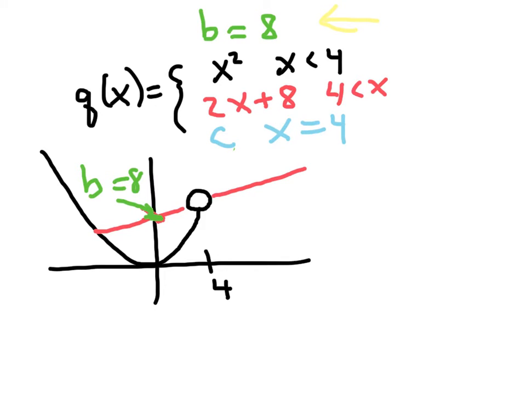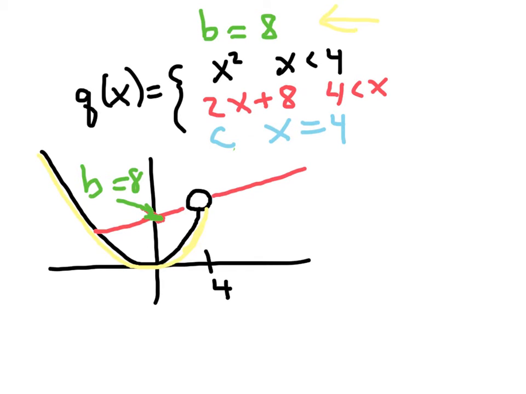But I want to show you what the problem is talking about graphically. The piecewise function is x squared when x is less than 4, so I have the parabola on the left-hand side of 4. It's less than 4, so I have to have a hole there versus it being filled in.